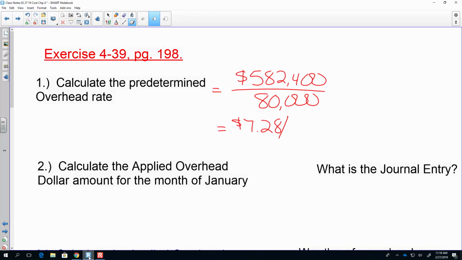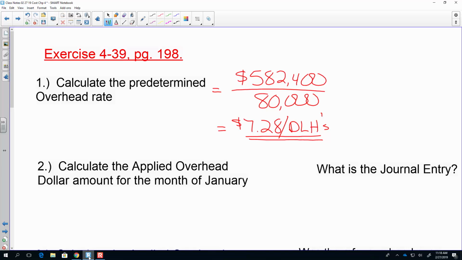Also, everyone, please identify the driver. In this case, it's per direct labor hour. With the bigger problems that you're going to see, some departments use labor hours, other departments use machine hours, depending on the activity level they feel is better to apply the overhead rate by.